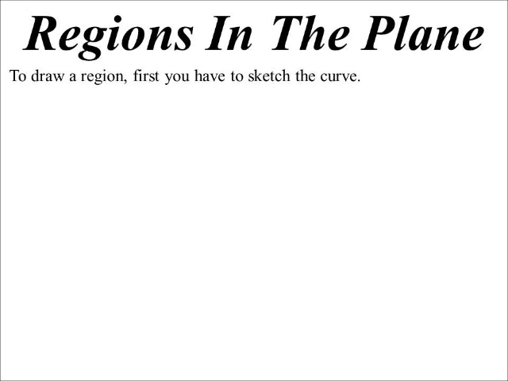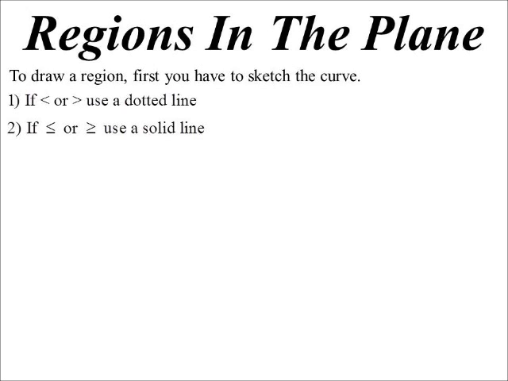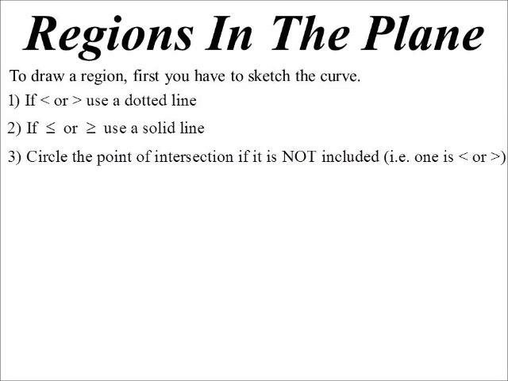Now once we've got that, depending on the type of inequation, we either dot the line or make it solid. If it's just less than, we traditionally dot it to indicate the boundary is not included. If it's equal to as well, then I'll draw a solid line to indicate the boundary is included. Now the points of intersection create a problem.